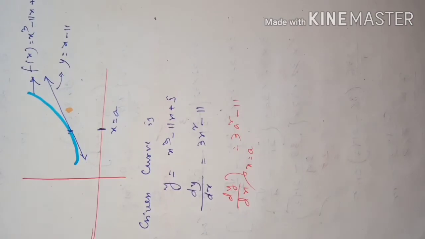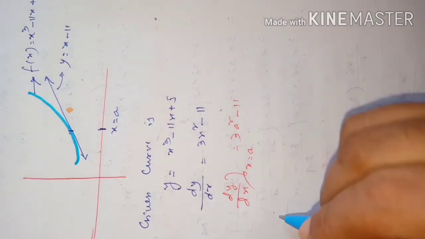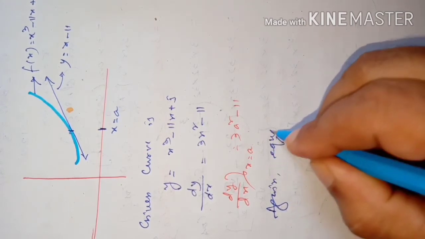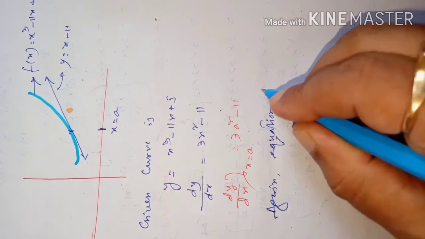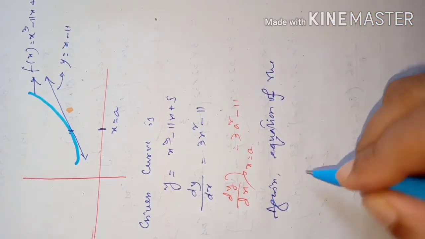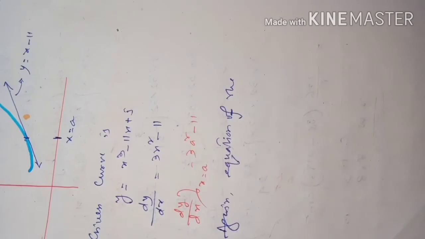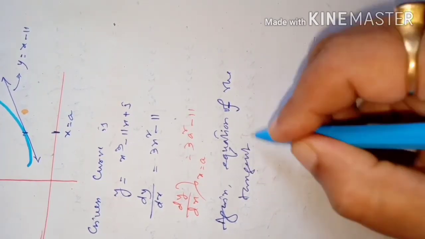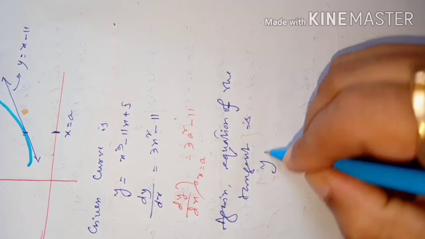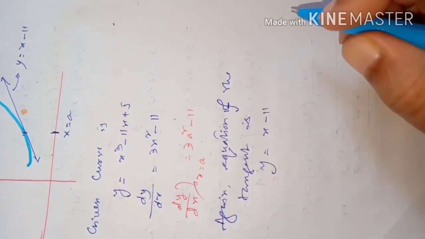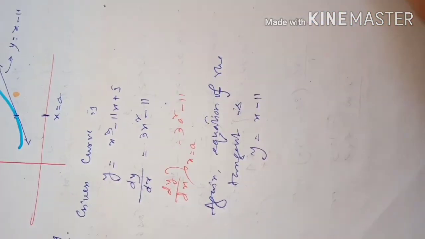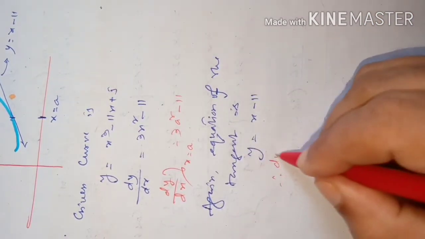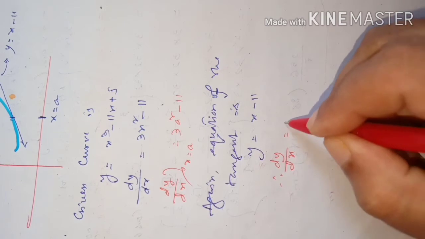So now we can say again, the equation of the tangent is given as y equal to x minus 11. Therefore dy by dx, from here what shall we get? 1.